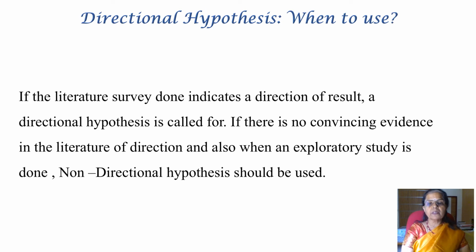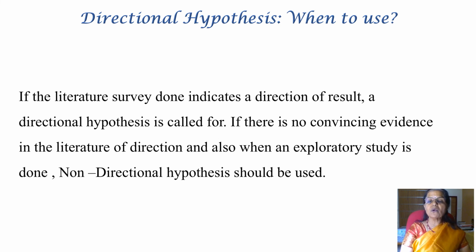Now, the question arises when to use directional hypothesis and when to use non-directional hypothesis. The answer is simple. If the literature survey already done by the researcher indicates a direction for the result, then a directional hypothesis is used.